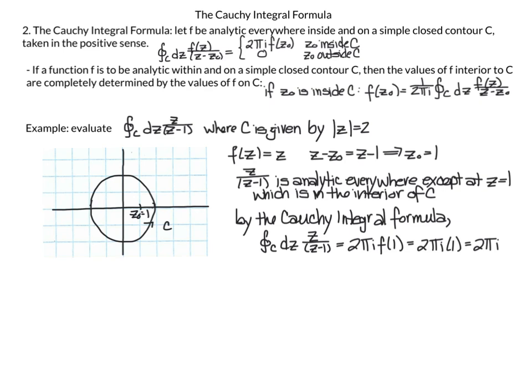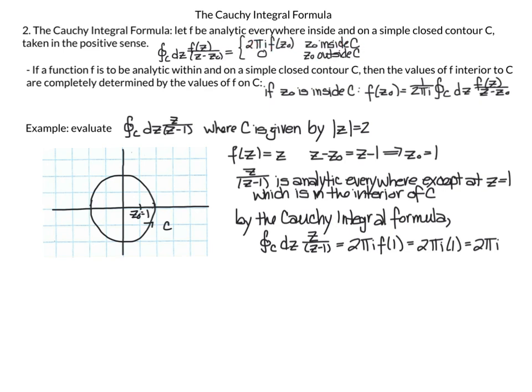So z over z minus 1 is analytic everywhere except at z equals 1, which is in the interior of C. So that means we can't use the Cauchy integral theorem, but we can use this part of the integral formula.